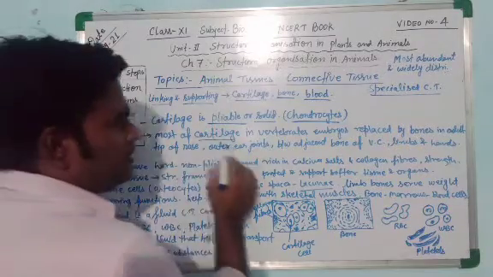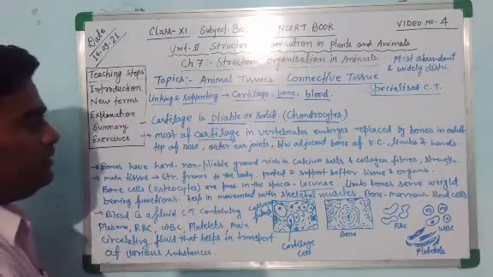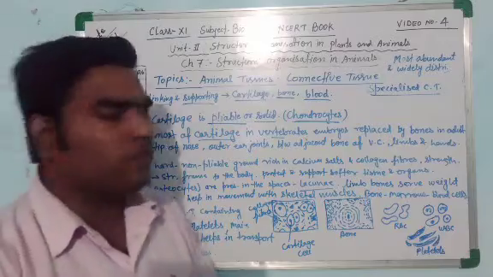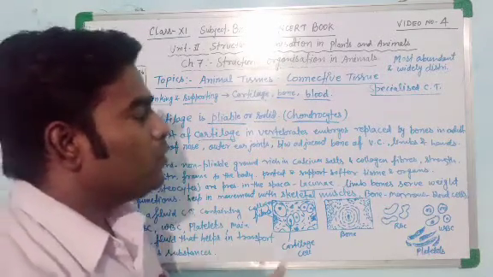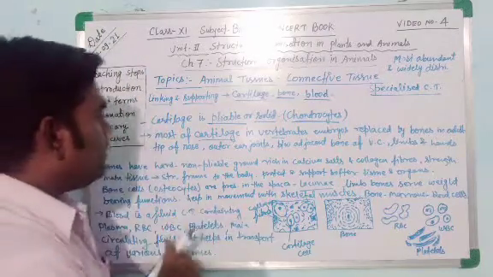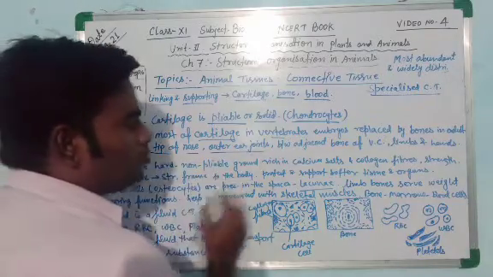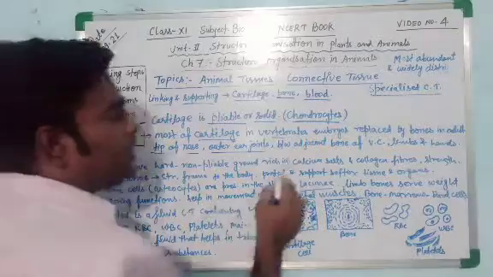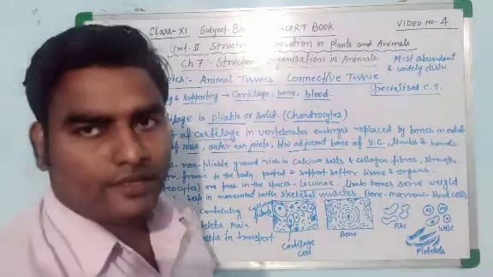Most of the cartilage in the vertebrate embryo is replaced by bones in the adult. Actually, cartilage is found in the embryo of vertebrates, which is replaced by hard bones in the adult. Cartilage is found in the tip of the nose, outer ear, joints, and between the adjacent bones of the vertebral column, limbs and hands.